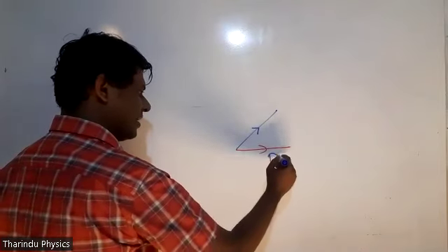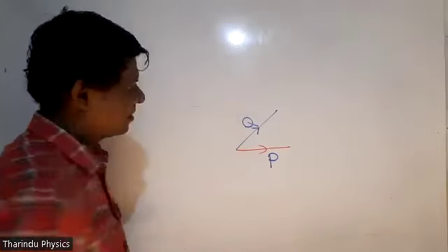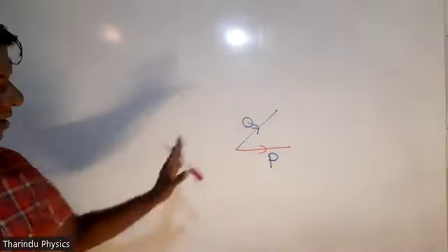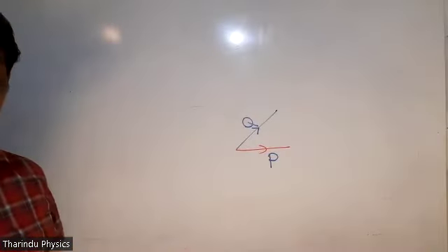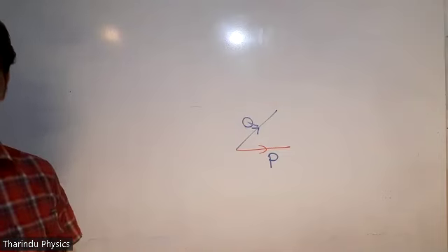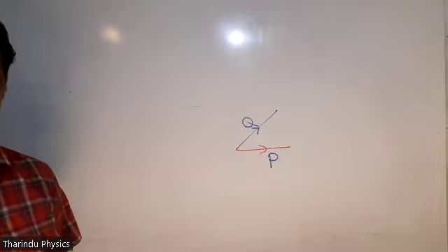This vector is P, this vector is Q. Can you understand? Two vectors in two different directions. Can you understand? Yes or no? Good.